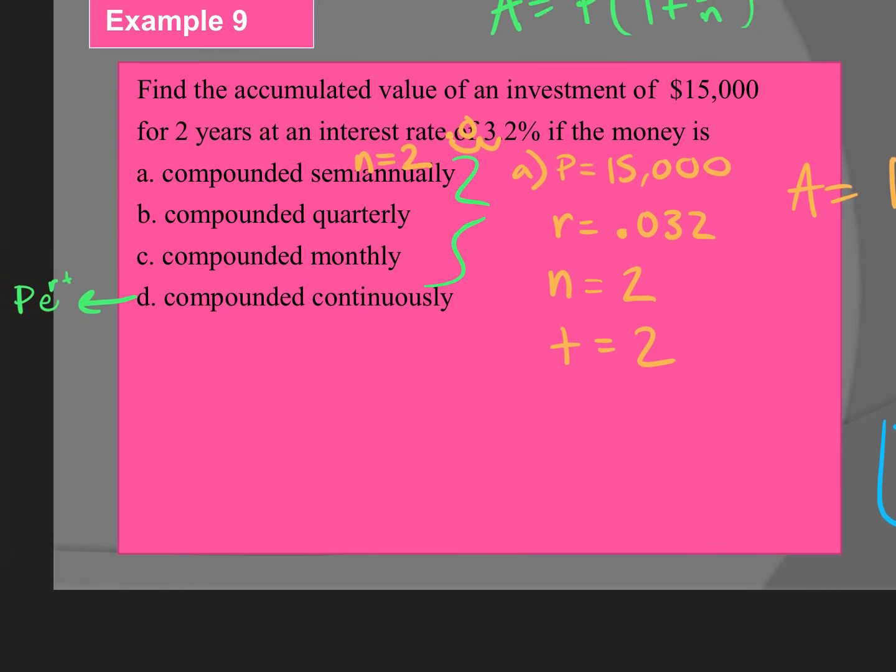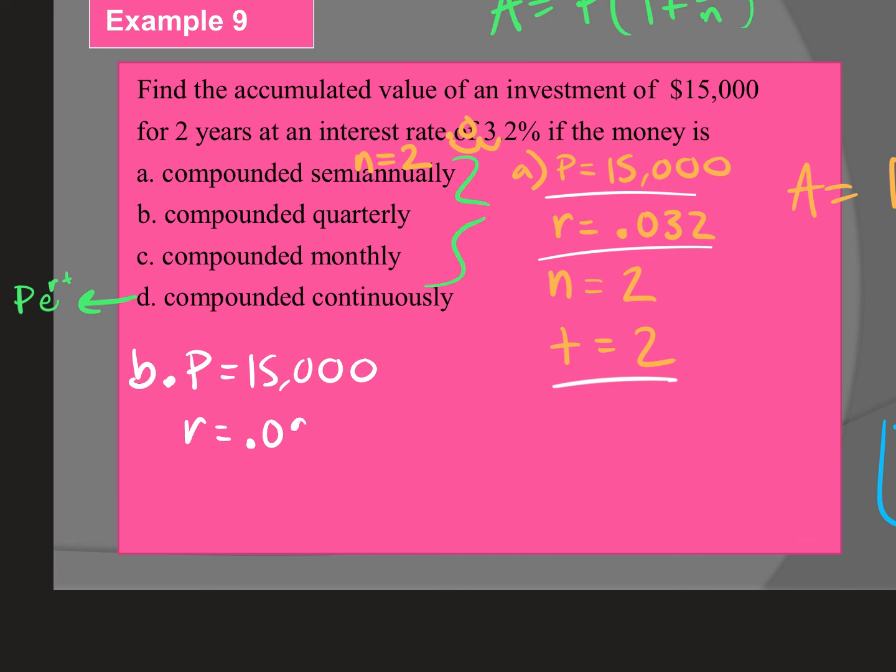Let's look at B. So principal, rate, and time are all the same as the one before. So 15,000. My rate is what? So 0.032. My time is 2 for 2 years.